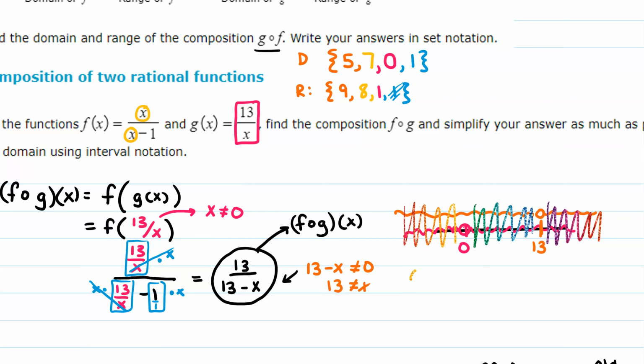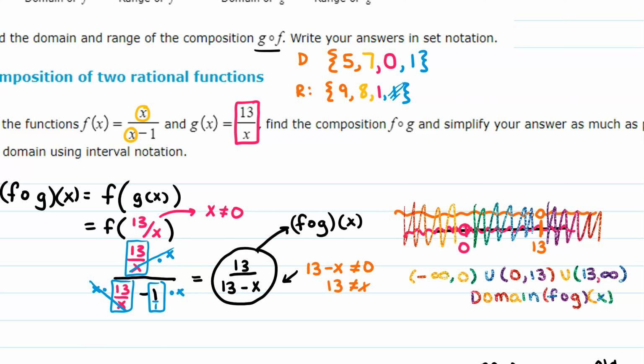So this interval is minus infinity to 0, union, middle interval is 0 to 13, union, and then the last interval is 13 to infinity. So this is the domain of the composition f of g of x.